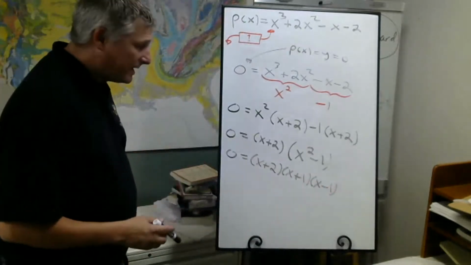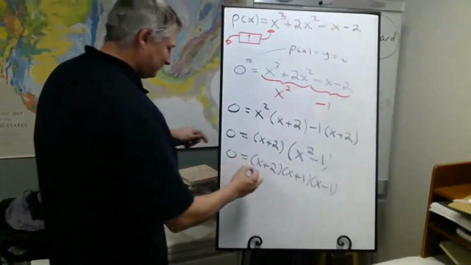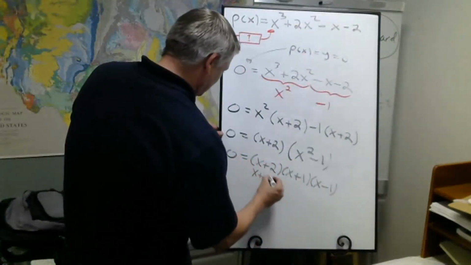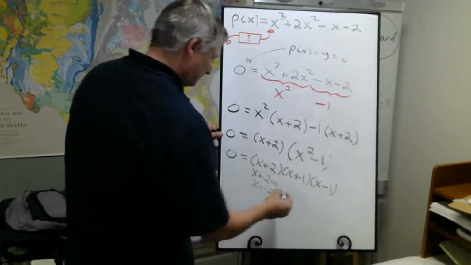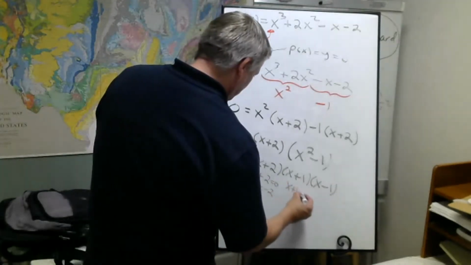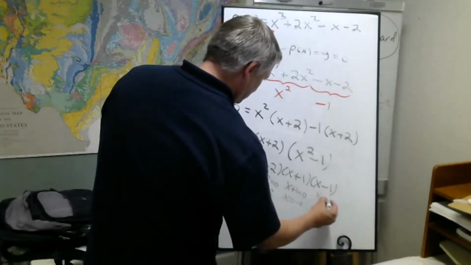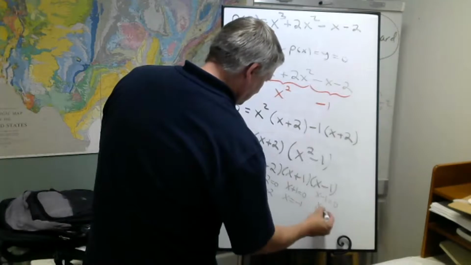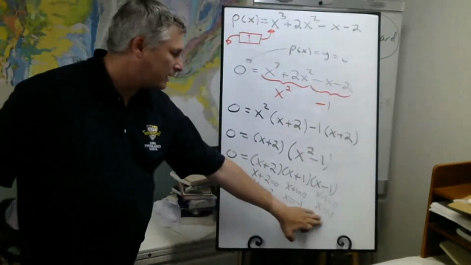And so solving for x, we get -2, -1, and 1.